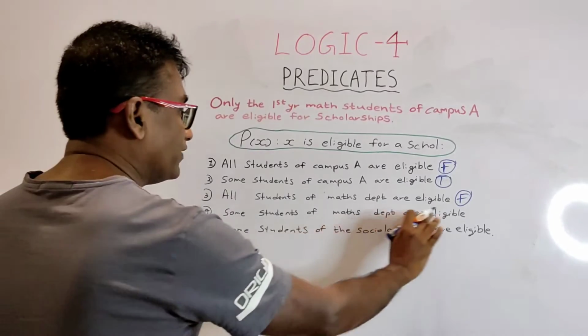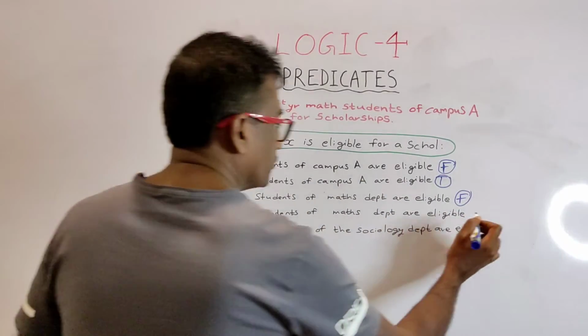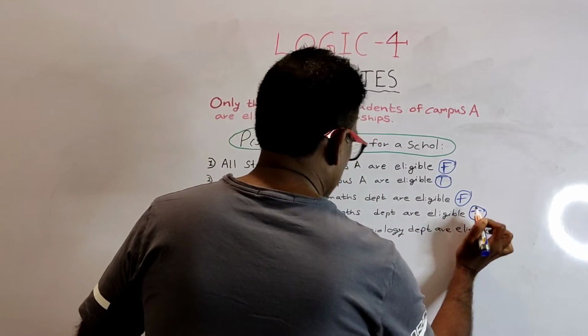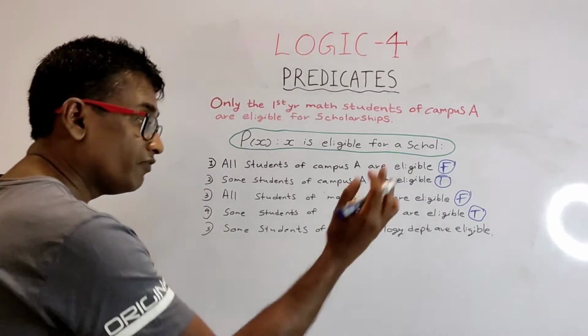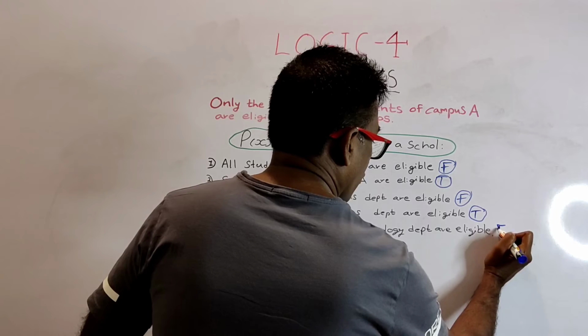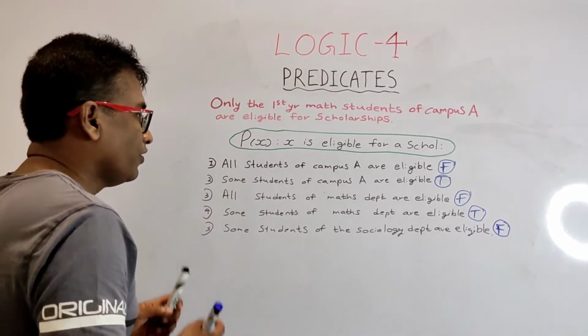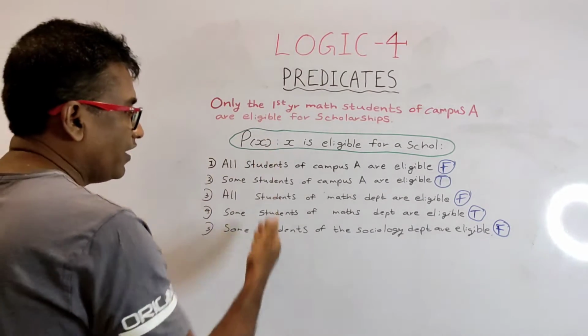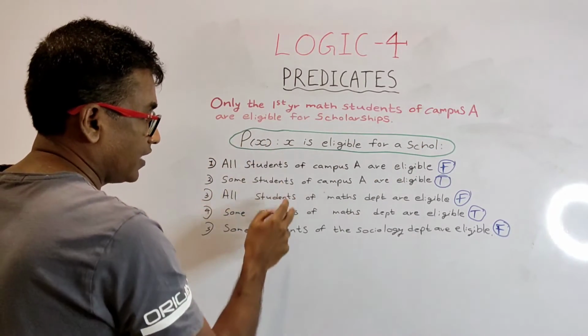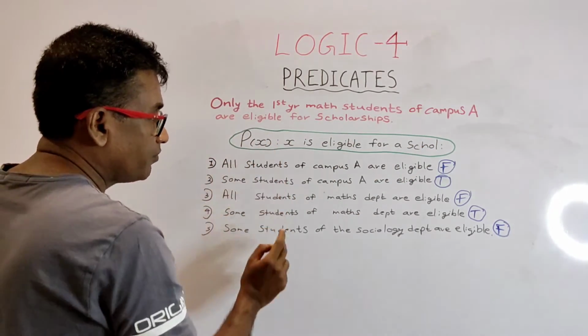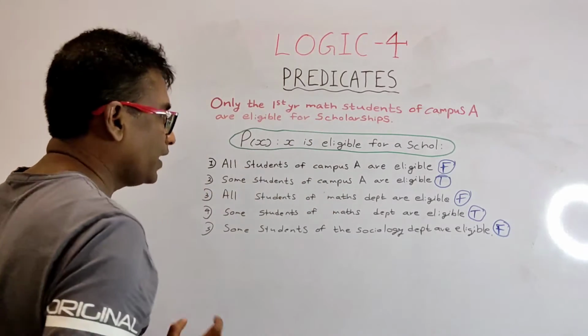Some students of the maths department are eligible. True. The first year students again. Some students of the sociology department are eligible. False. So now we have constructed 5 propositions from this predicate. We have constructed 5 different propositions from this predicate.